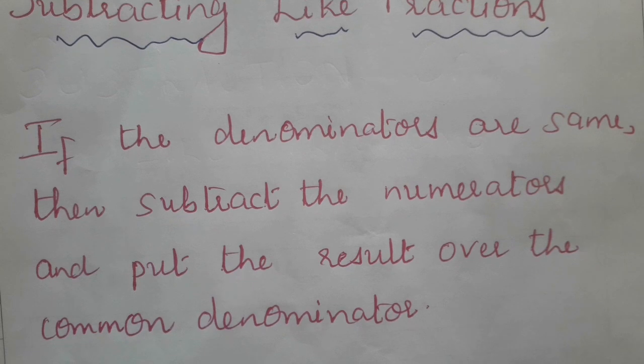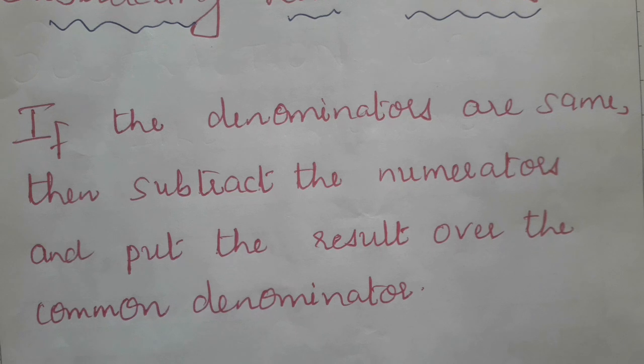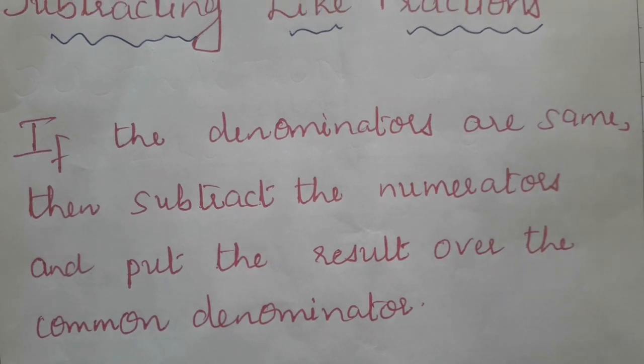If the denominators are same, then subtract the numerators and put the result over the common denominator and you are done. Okay, now let's see a few examples so that the concept becomes clear.